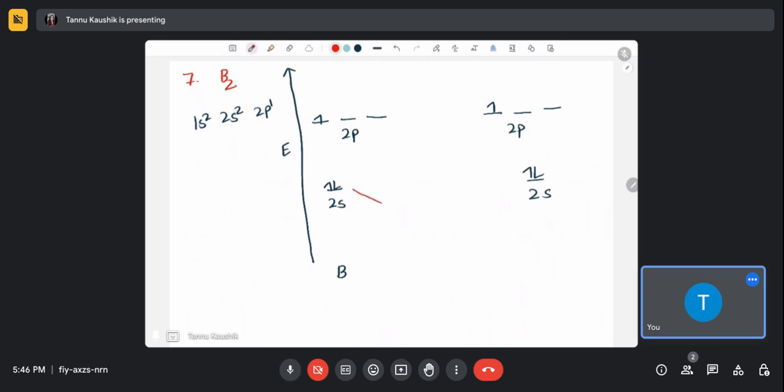So here we have 1 sigma g orbital and 2 sigma u star, and this sp crossover makes a third sigma g orbital higher in energy than the degenerate 2px, 2py pi u bonding molecular orbital.